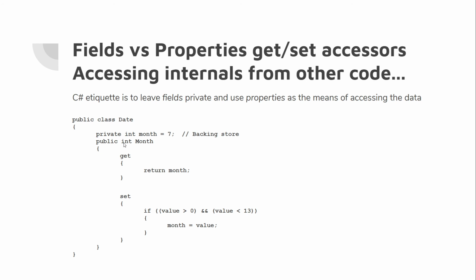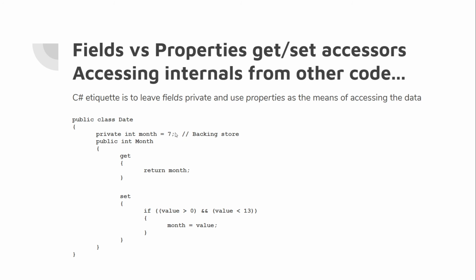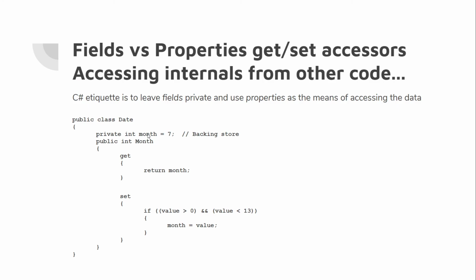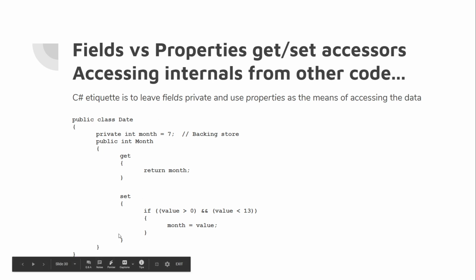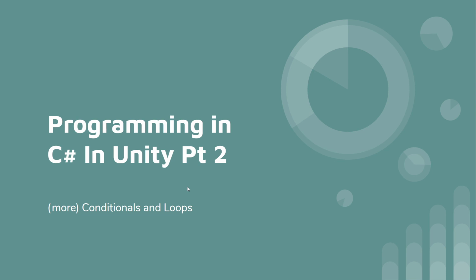Normally, instead of declaring the value itself to be public, you can declare the actual data to be private, and set up these getters and setters that would allow you to change the values. But we won't get too much into that right now.